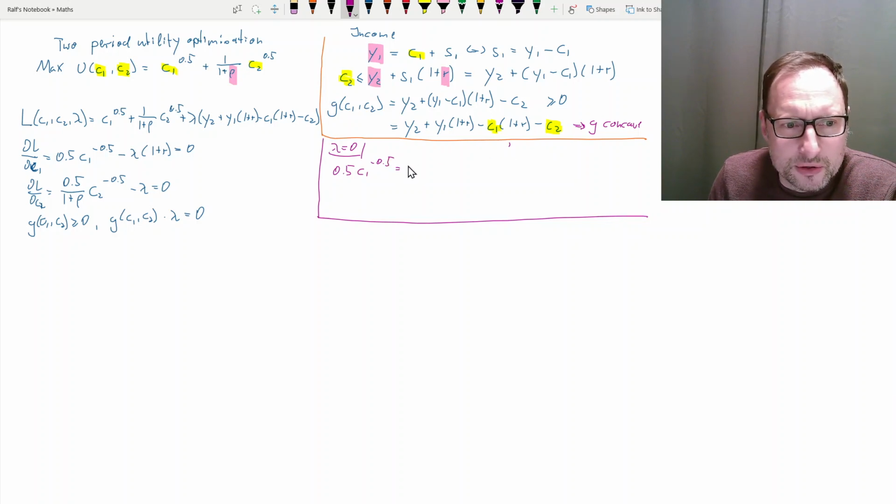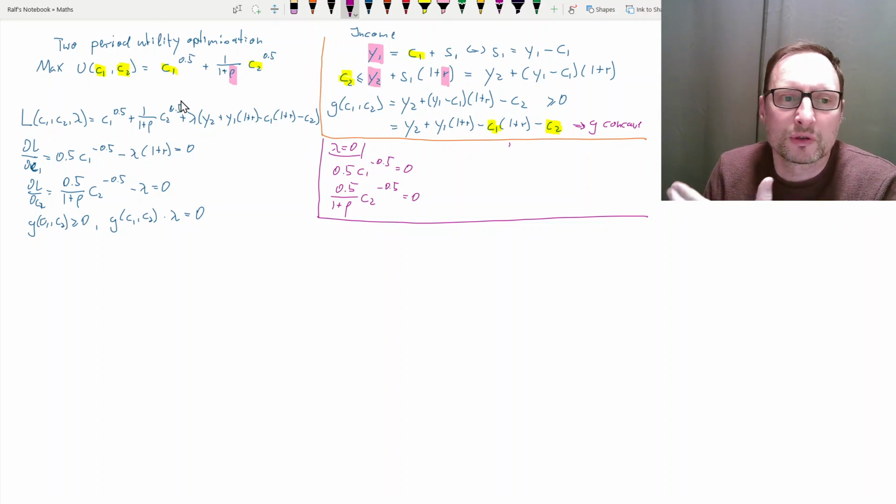That should equal 0 because we are setting lambda to 0. And then we get 0.5 over 1 plus rho, c2 to the negative 0.5, and that is equal to 0. And we can see that will only be true if c1 and c2 are equal to 0. That means we wouldn't consume anything in either of the two periods.